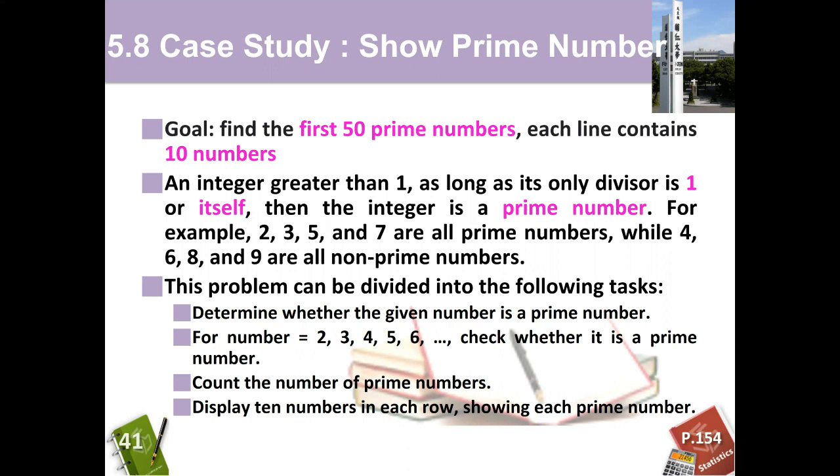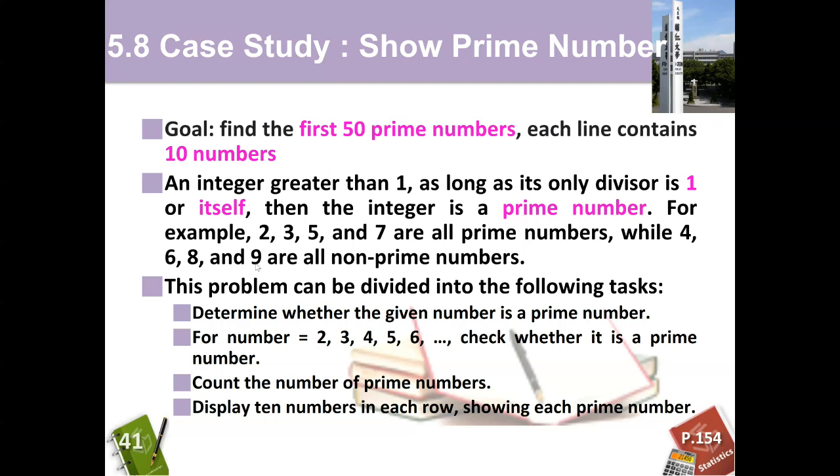For example, 2, 3, 5, and 7 are all prime numbers, while 4, 6, 8, and 9 are all non-prime numbers because they can be divided not only by 1 and itself, but also by other numbers. For example, 4 could be divided by 1, 2, 4. 6 by 1, 2, 3, 6. 8 by 1, 2, 4, 8, and 9 by 1, 3, 9.